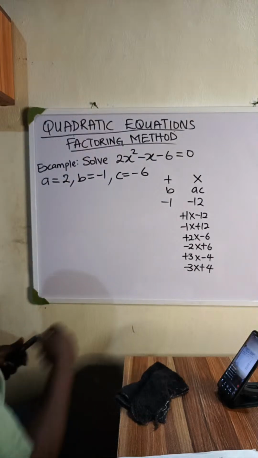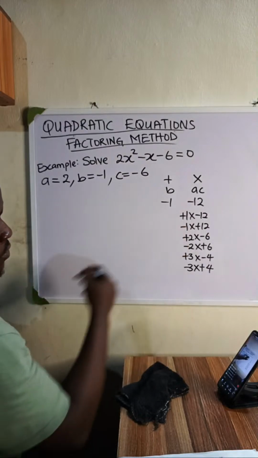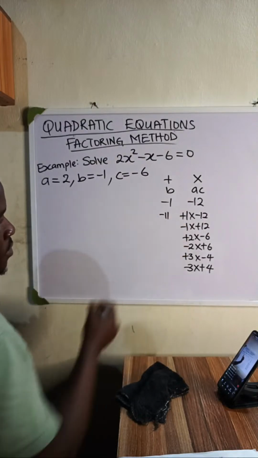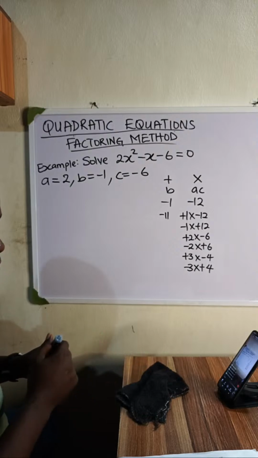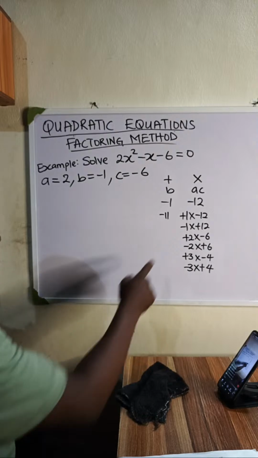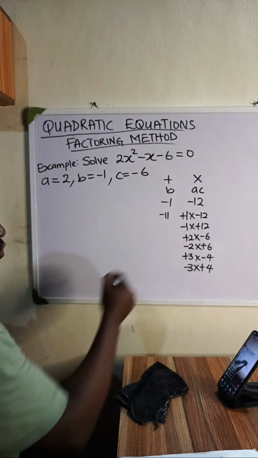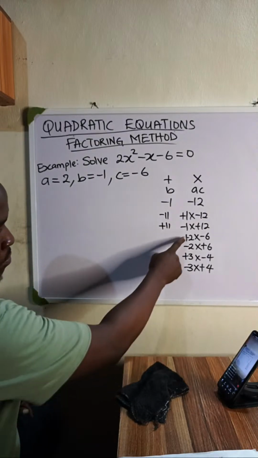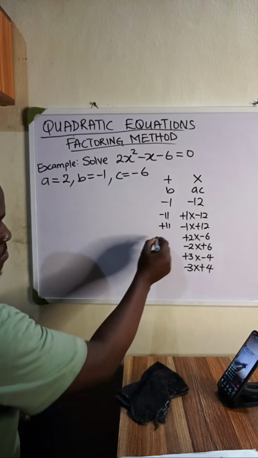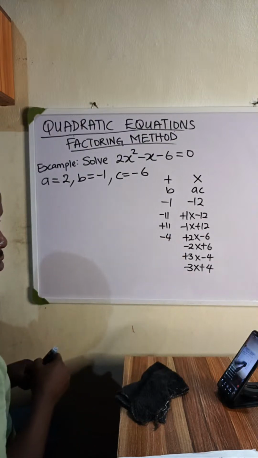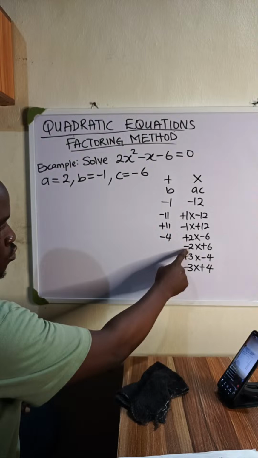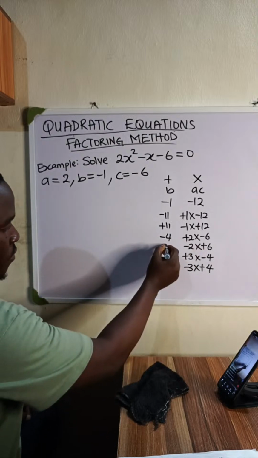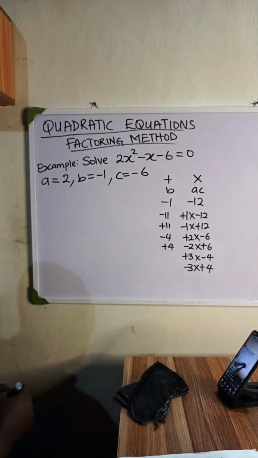Plus 1 minus 12 gives us minus 11. Minus 1 plus 12 gives us plus 11. Plus 2 minus 6 gives us minus 4. Minus 2 plus 6 gives us plus 4.